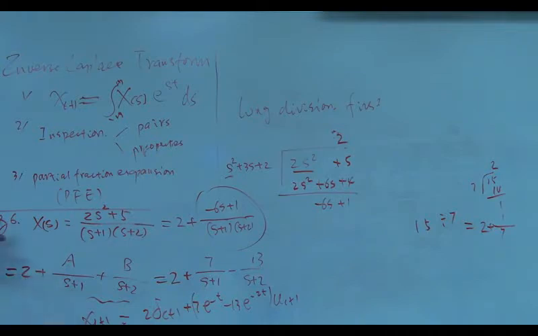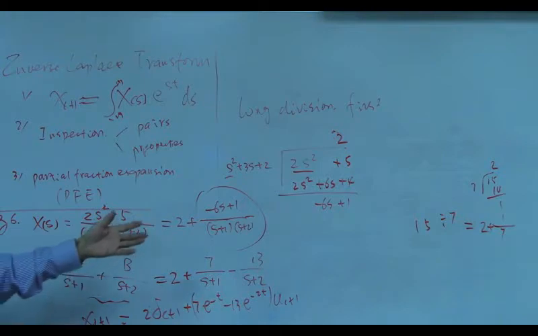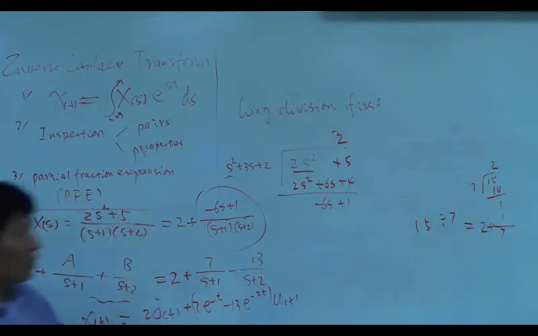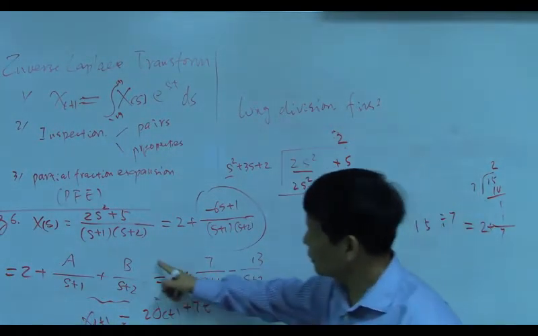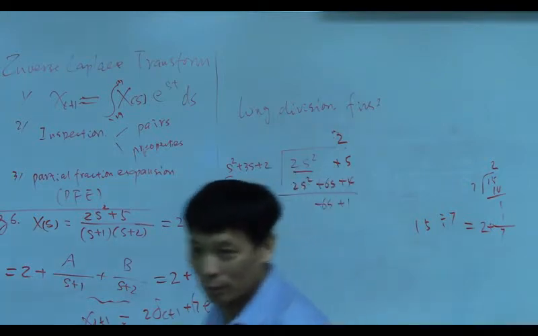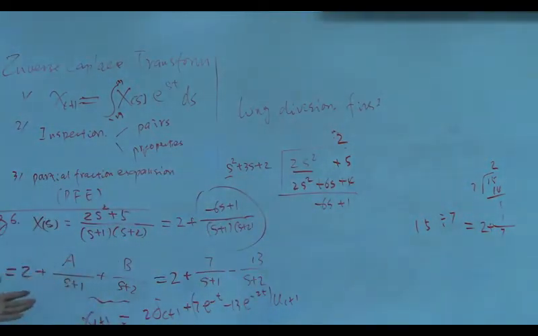If the power of the top is higher than or equal to the bottom, you need to do long division first to simplify. For example, if this one equals s cubed, here we are going to have an s term in front. So you reduce the degree of the top to make it proper. That's the first step.